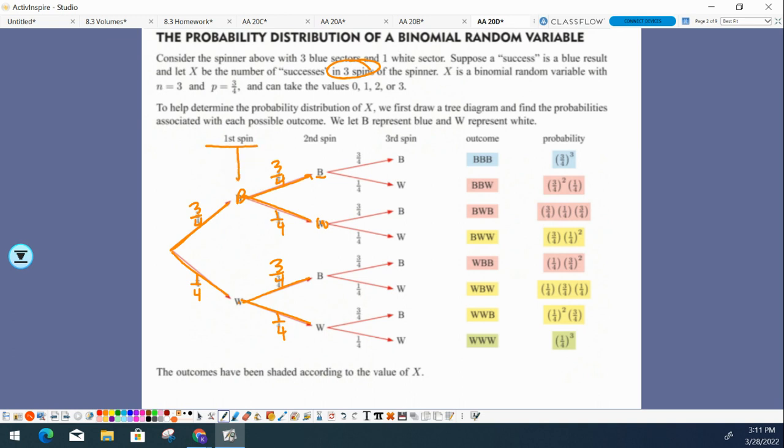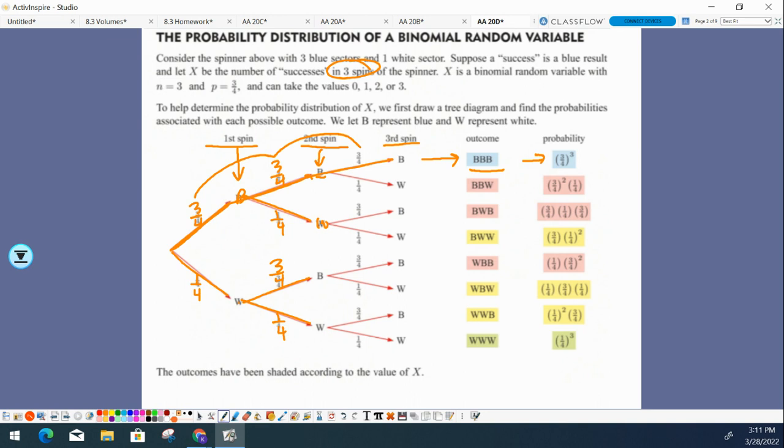So this represents the first spin, blue or white. This is the second spin. Then this is the 3rd spin. Do it 3 times. Then write the final outcome over here. If I follow the top tree, blue, blue, blue, I get 3/4 times 3/4 times 3/4.